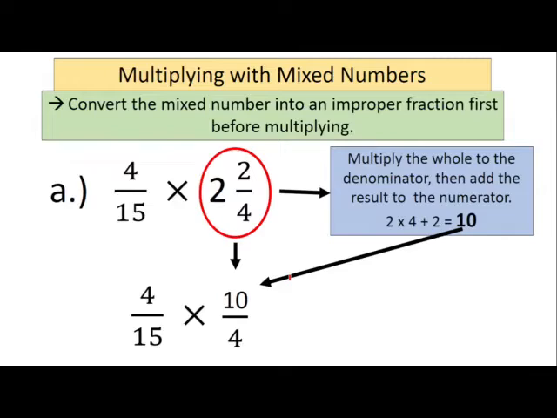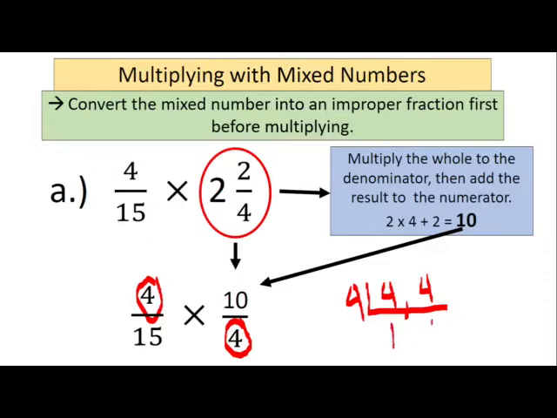Same thing, kagaya ng pinag-usapan natin in our previous topic, when we multiply, if we can simplify first, better. And as you can see in here, meron tayong numerator na 4 na pwede nating simplify together with the denominator 4 in here. And you know what to divide on both of them, because obviously, we can divide them both by the number 4 itself.